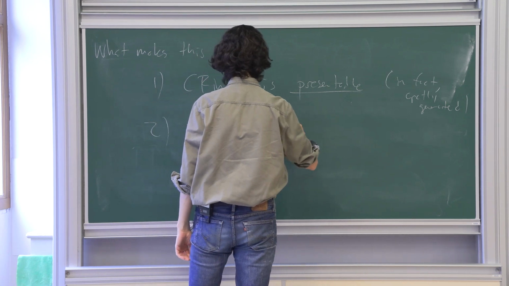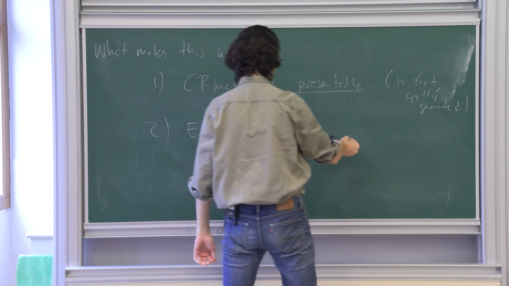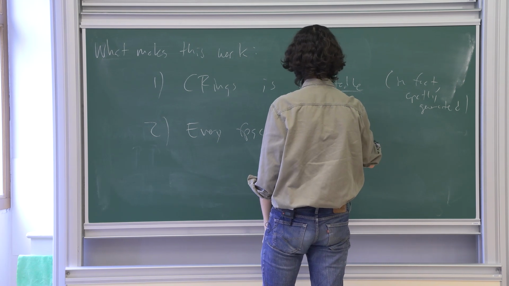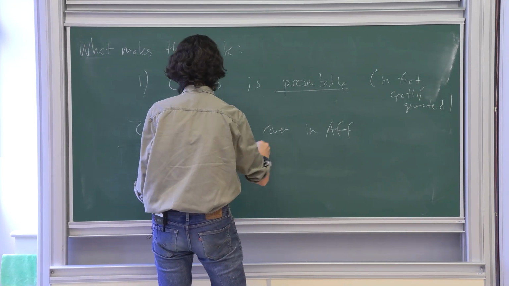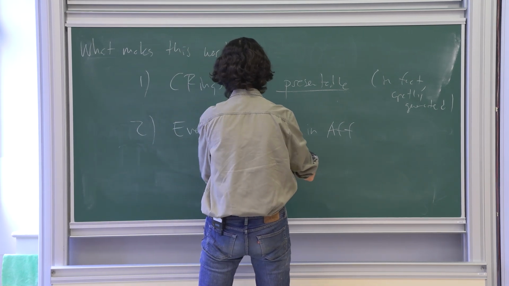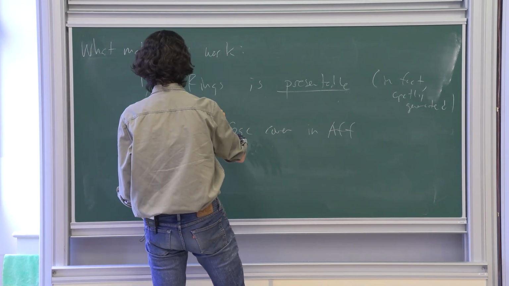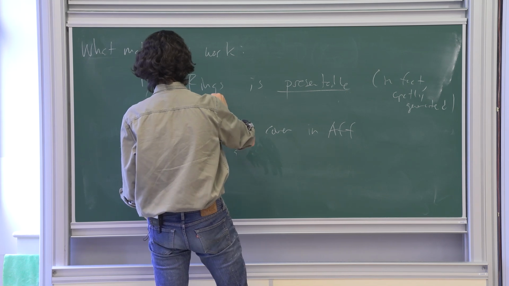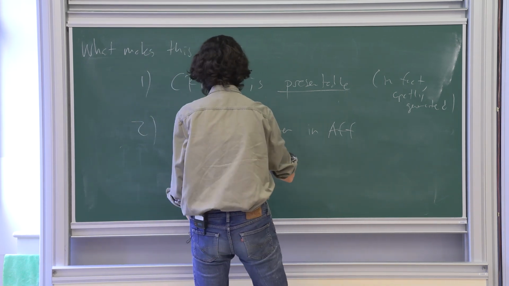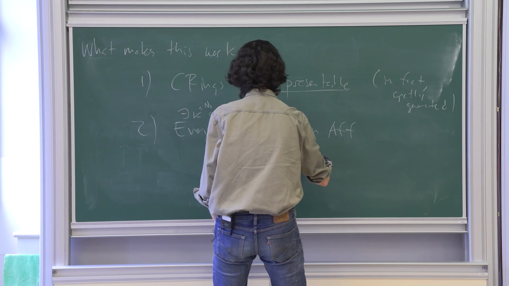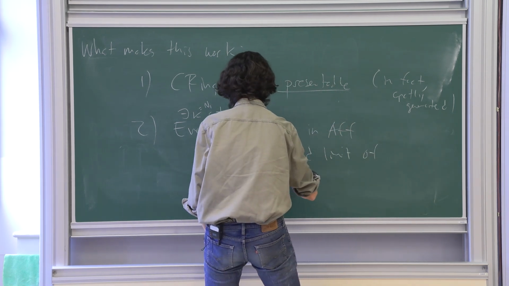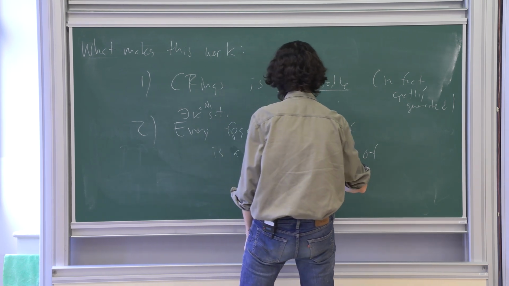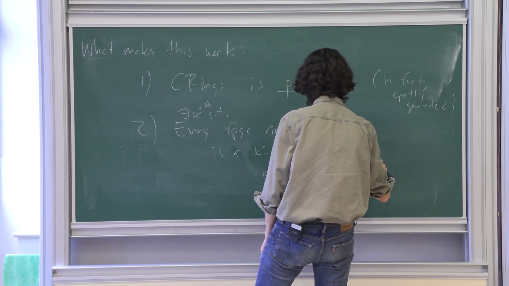FPQC cover in AF is a filtered, there exists a kappa such that, and in this case it's aleph one, is a kappa filtered colimit of kappa compact FPQC covers.